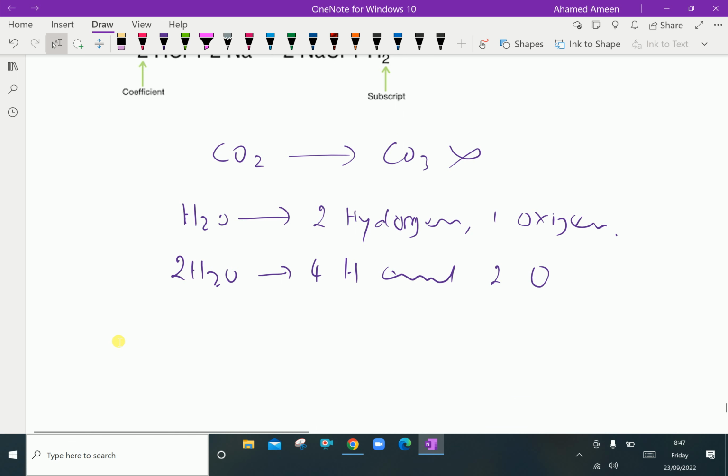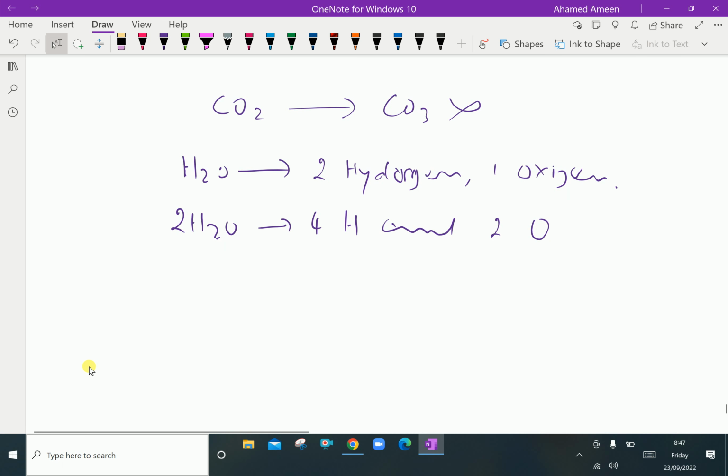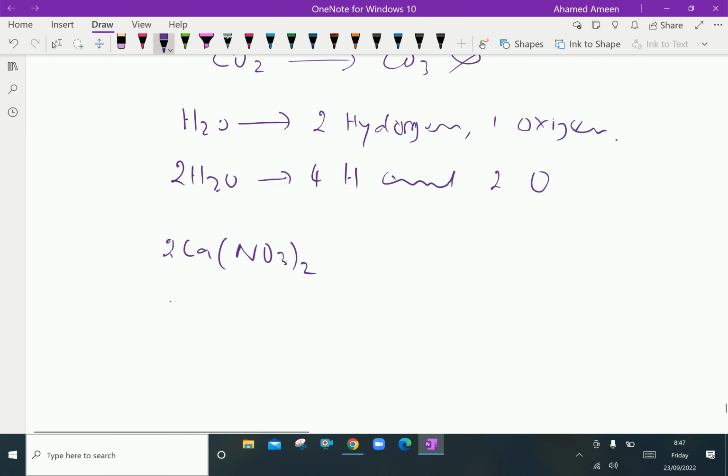One more. Here 2 Ca(NO3)2, which means totally 2 calcium, and this 2 is for the NO3 together.